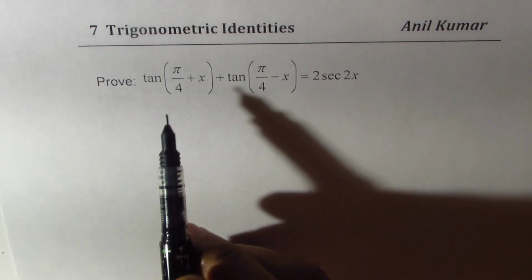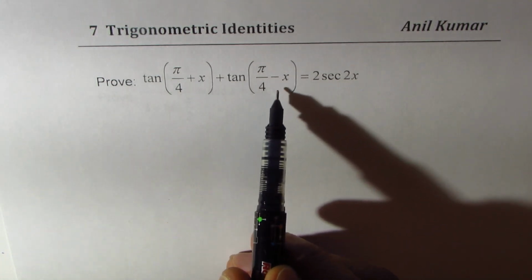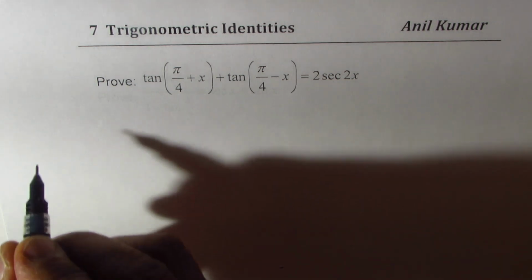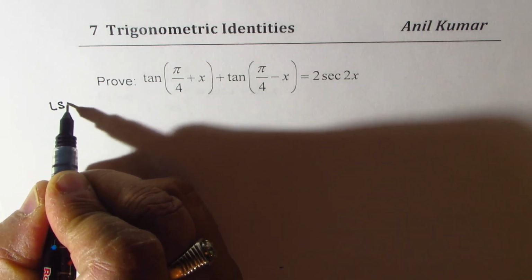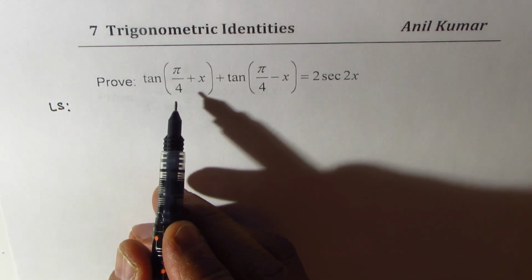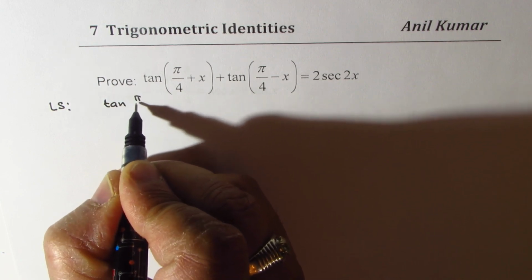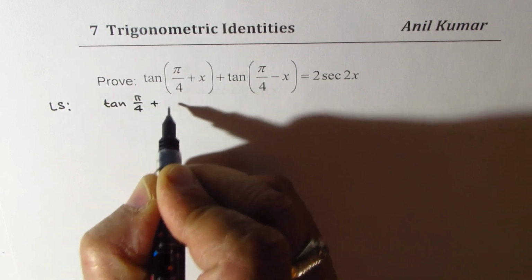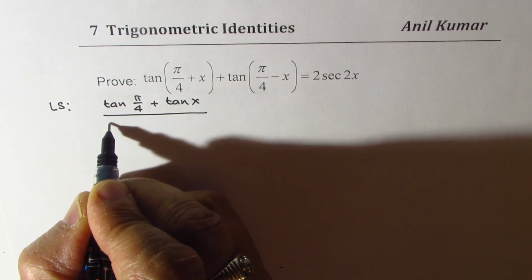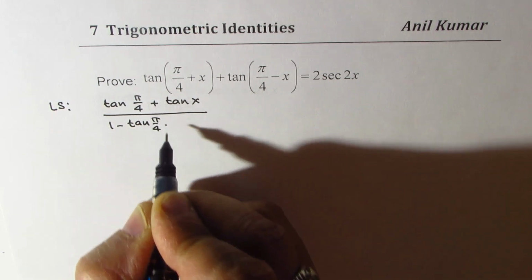We need to prove the identity tan pi by 4 plus x plus tan pi by 4 minus x equals 2 secant 2x. So let's begin from the left side. And we'll apply the formula tan a plus b. So which is tan pi by 4 plus tan x over 1 minus tan pi by 4 times tan x.